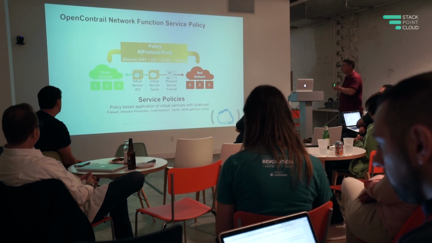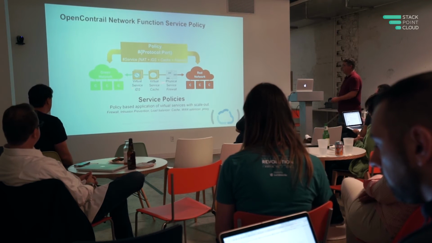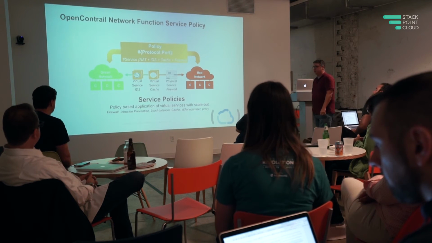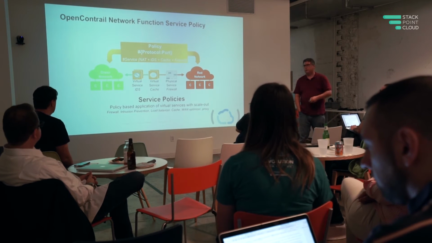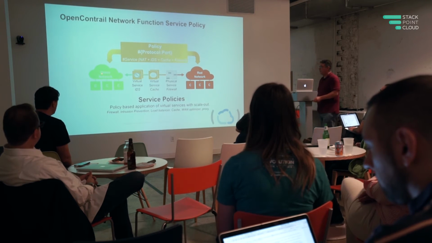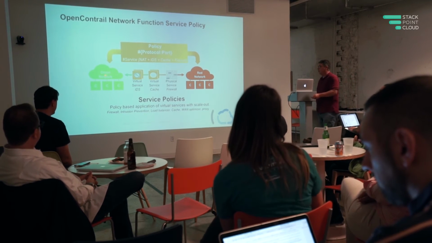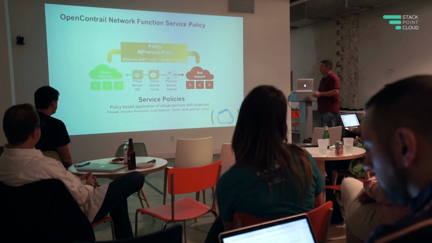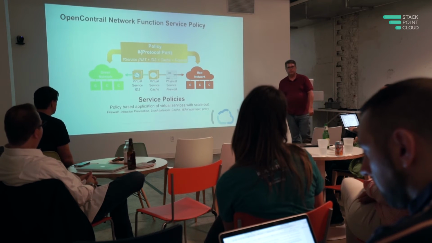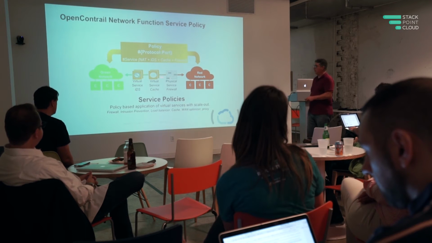And this next one, which is something we do natively within Contrail, is this notion of service chains. Right? So when we talk about how I want things to go between green and red, in addition to saying I want to send traffic from here on this protocol and port, I can say, in addition to that, I want it to go through these functions. And you can put in n number of functions.